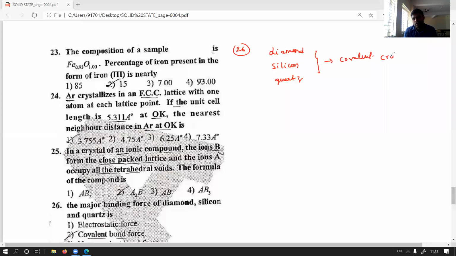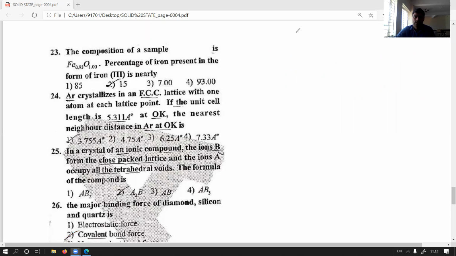The covalent crystalline solids have covalent bonding forces present. So the correct option is the second one, for question 26. Okay.